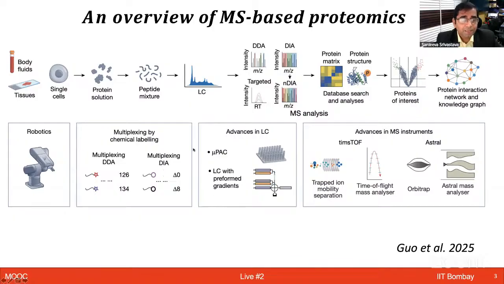Different types of multiplexing possibilities are also being utilized, especially different types of chemical labeling approaches. Liquid chromatography is enriched with various new columns and different types of preformed gradients. Especially Evosep is currently one of the big leaders in the industry with advanced chromatographic experience. And then there are different types of mass spectrometry instruments which are being used, which I will talk about as we go along.